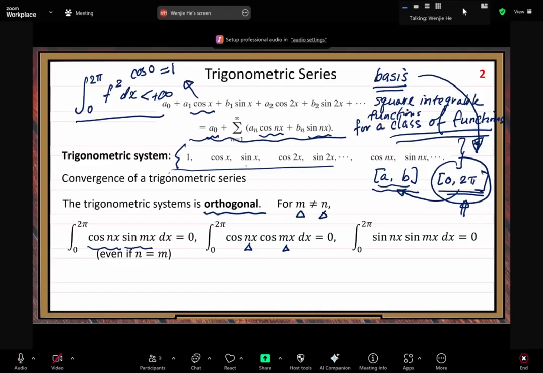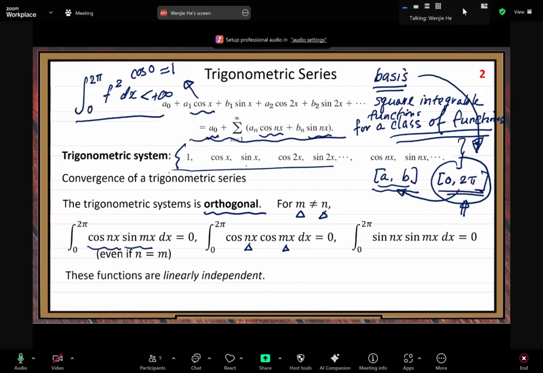When you write your function expression using these basis functions, it's the best you can get. Later you will see why orthogonal basis functions are the most desirable.